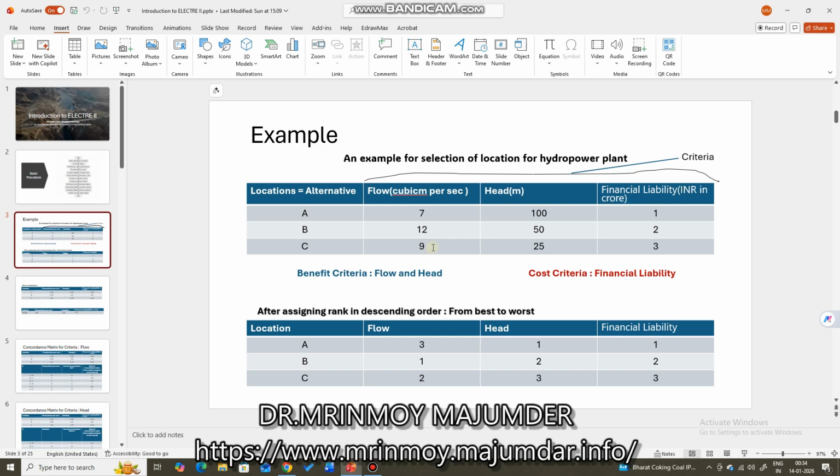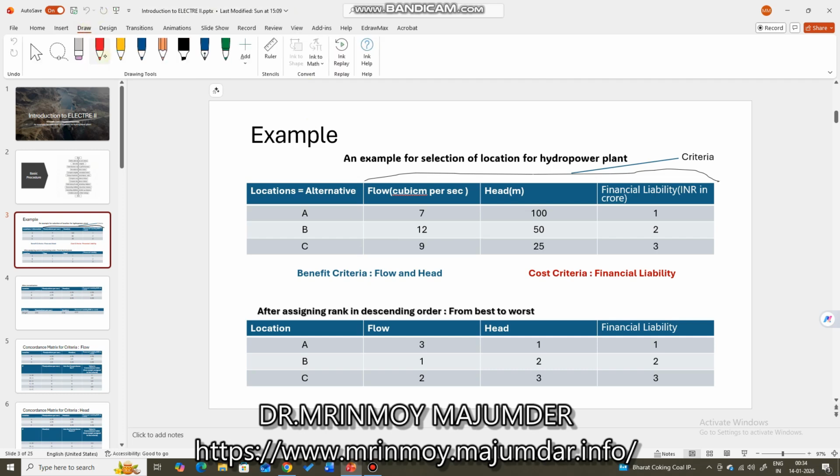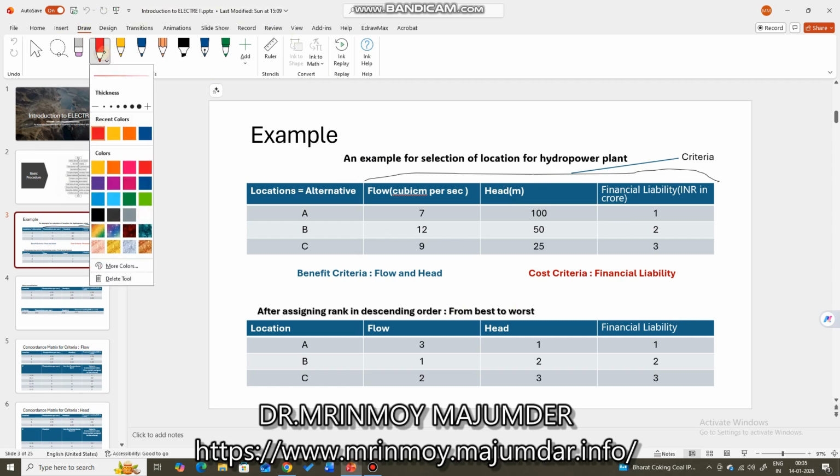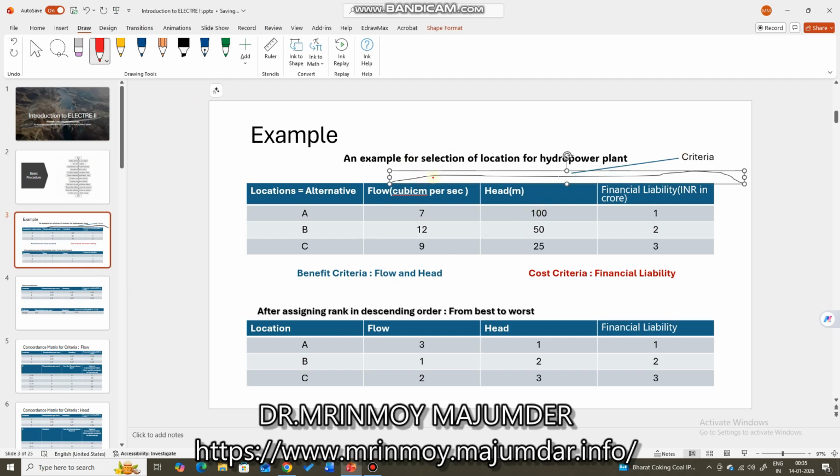Then comes head, which is another beneficiary or profit criteria. Let me see. Yeah, this is a profit criteria, and this is also a profit criteria, but this is a cost criteria, correct?